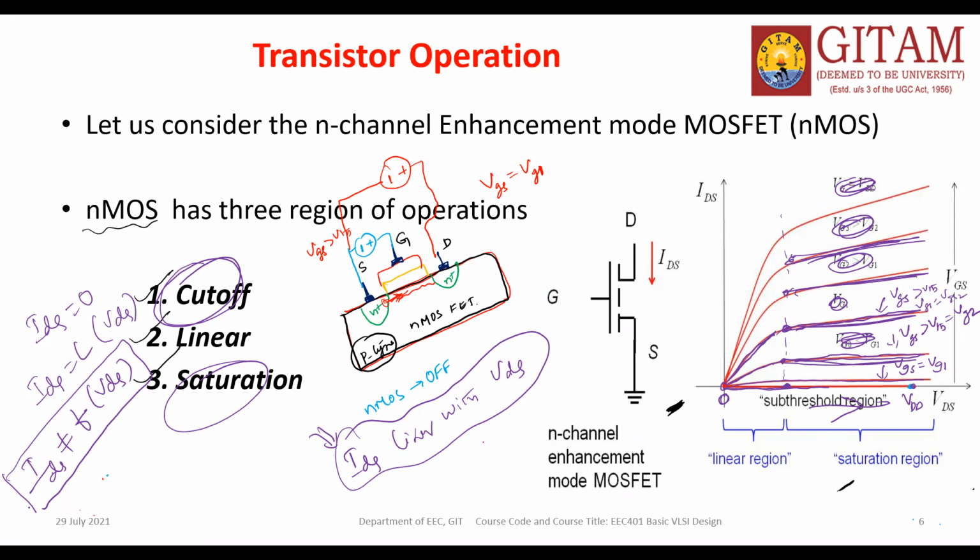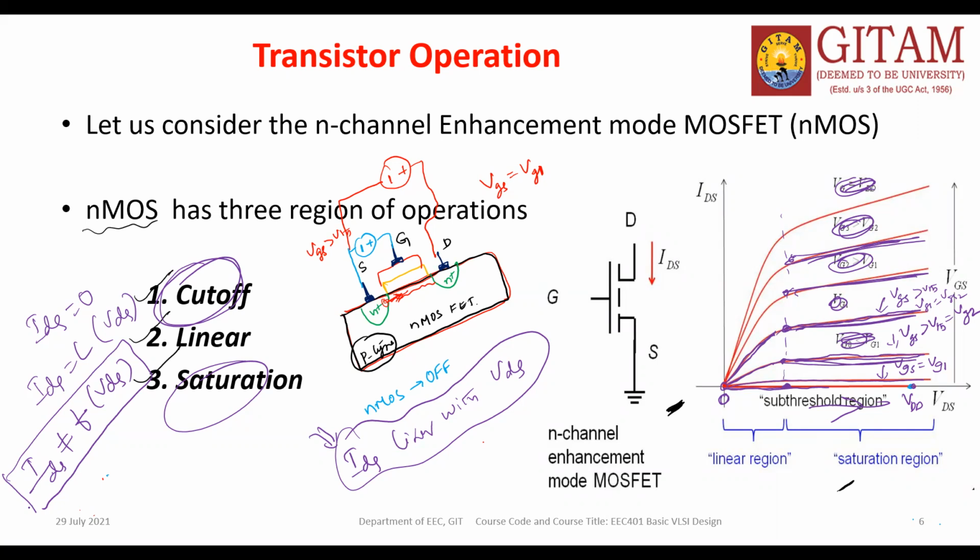In the cutoff region, the IDS value is equal to 0 because no charge is induced under the silicon dioxide. The second one: we maintain the threshold voltage sufficiently, and now we change the VDS value and observe the IDS value, and I find that a linear relationship exists between IDS and VDS.